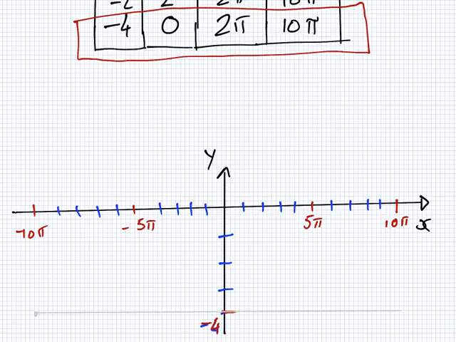And then 0 would be just the x-axis, so nothing there. And then 2 pi, which is here, to 10 pi, which is here. Yep. The line goes through the x-axis because of this 0 here.